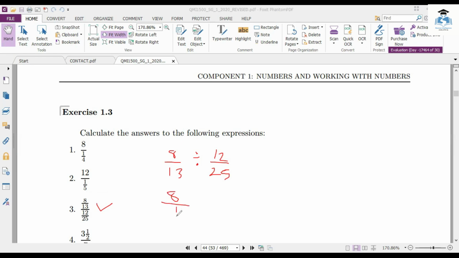Which is 8 over 13 times 25 over 12. So we use the reciprocal of this one, right? Then 8 times 25 is 200 over 13 times 12, which is 156.